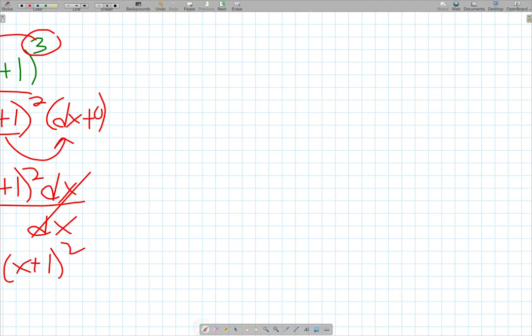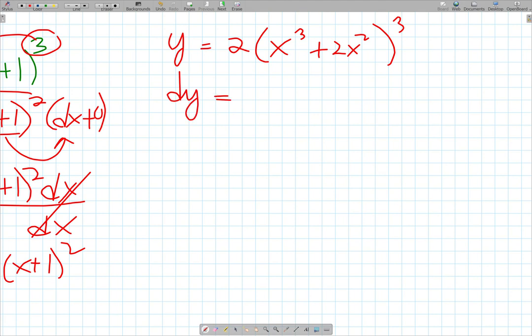Let's say meron tayong y is equals to 2 times x cubed plus 2x squared, and then cube. How will you derive this one? Again, mas maganda class implicit, na may halong chain rule, actually ang ginawa natin kanina. Derivative of y is dy equals derivative of this one.